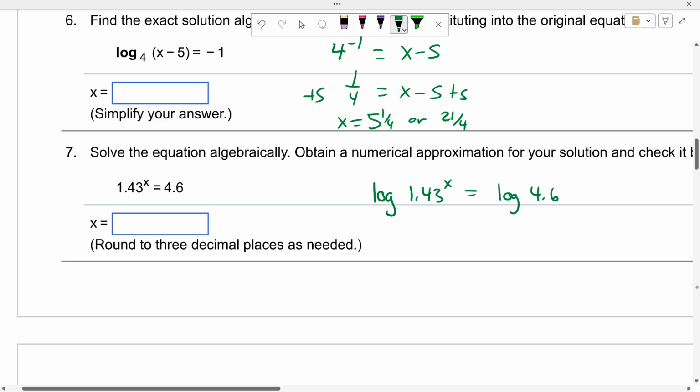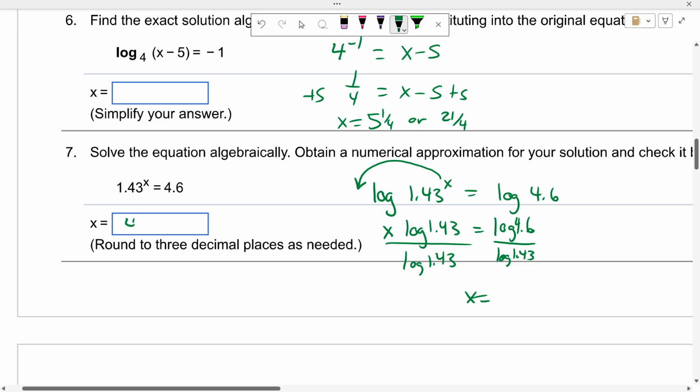Now, what we learned in the first lesson this morning is the power rule. x log of 1.43 equals log of 4.6. And we divide by log of 1.43 to get x alone. I don't know what the log of 4.6 divided by the log of 1.43 is, but it's 4.267.